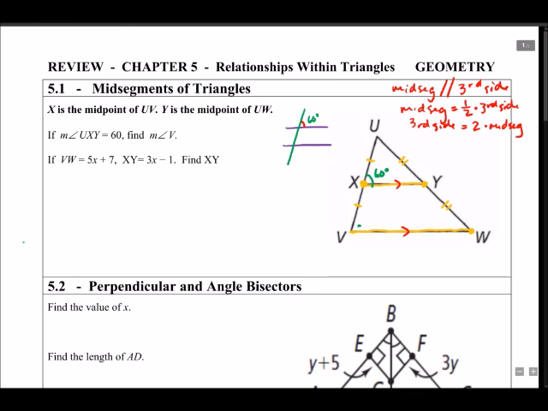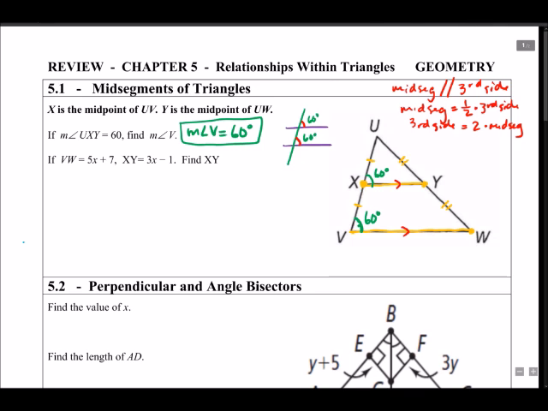We know that corresponding angles are congruent, so we can label this one 60 degrees as well. So we know that these two angles are corresponding and they are congruent. Our corresponding angle postulate says that. So we can say the measure of angle V equals 60 degrees. That was fun.